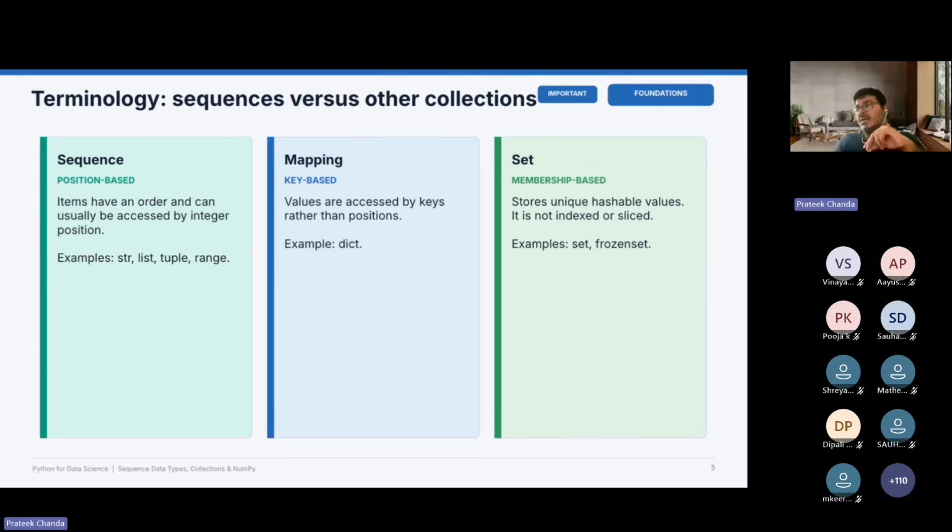The last one is called set, which is a membership-based data structure. As I mentioned, sets have this unique property of uniqueness, so you can only have unique values in a set, not multiple copies. Because they store unique hashable values, you also can't index or slice a set.